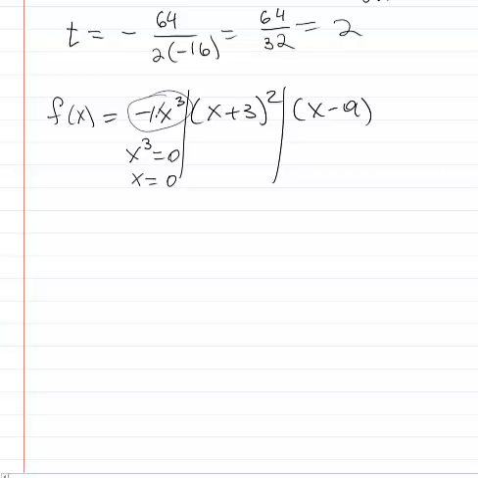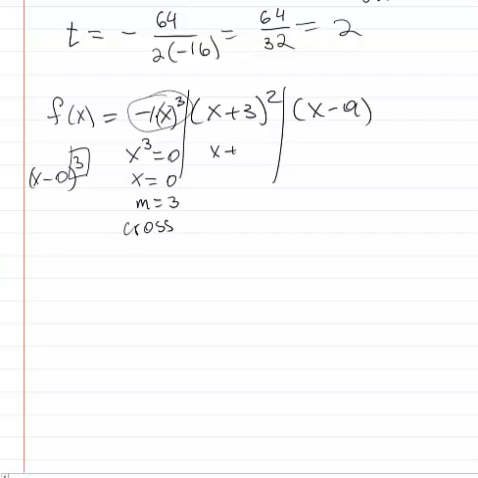You can think of this as x minus 0 to the power of 3, if you want to see it the traditional way. So that root has a multiplicity of 3, and therefore it's going to cross at that point, as it reaches 0.